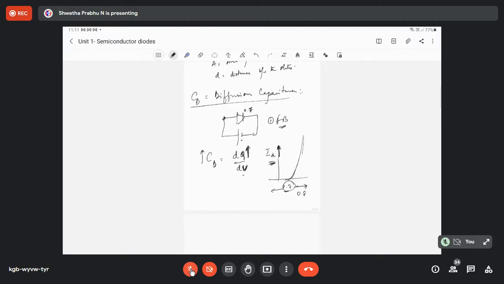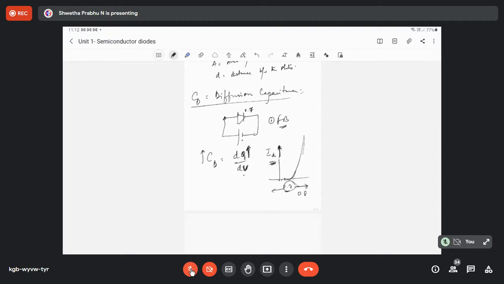Current becomes constant, approximately. What happens at 0.3 volts, 0.2 volts, 0.1 volts? Initially, you will get a low value of current. Once it crosses the cut-in voltage, it gradually increases and later it becomes constant.